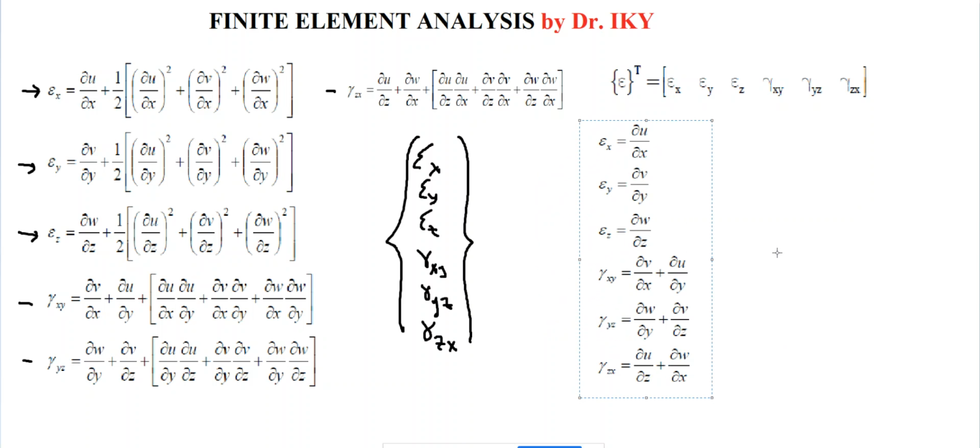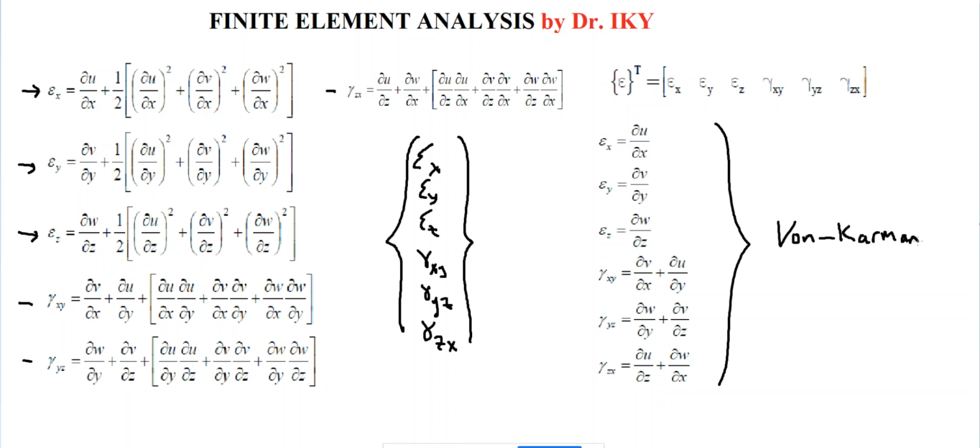These are the relations for linear, and we have reduced them and made the equations easier. And we can also call these the von Karman strain displacement equations.